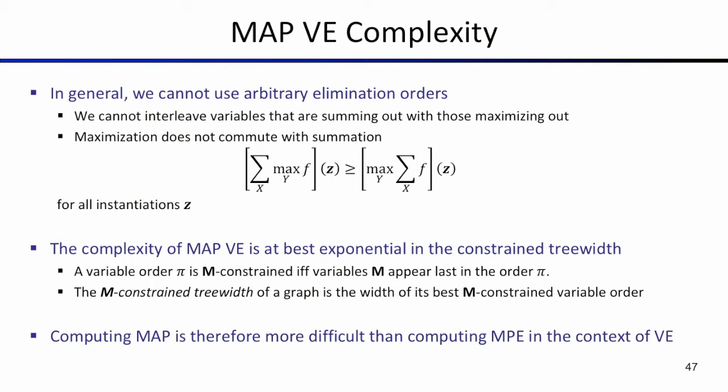In order to compute the correct result, we needed to start with summation and end with the maximization. So if you have one elimination order like pi here, we needed to start by summing out the variables x here, and let's suppose that we have 3, and we have to end by maximizing out the variables y. Let's suppose that we have 3.